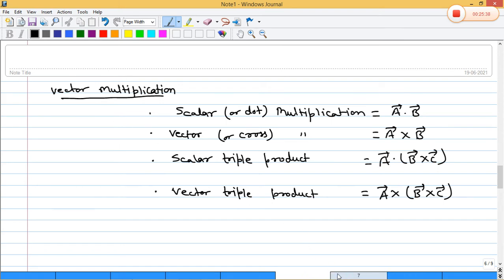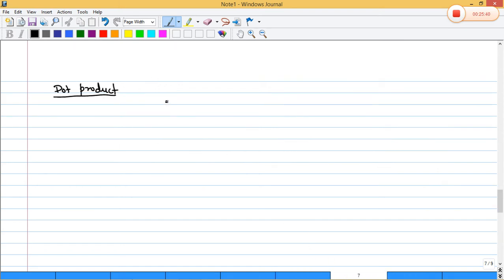So if the A vector is dotted with the B vector, we can write the magnitude of A into the magnitude of B into cosine theta.